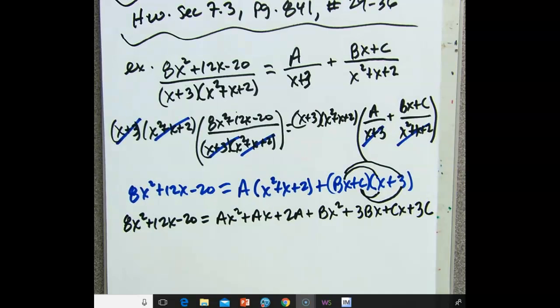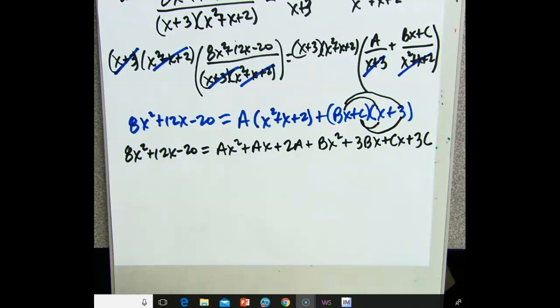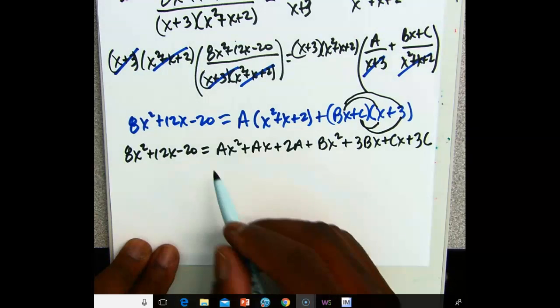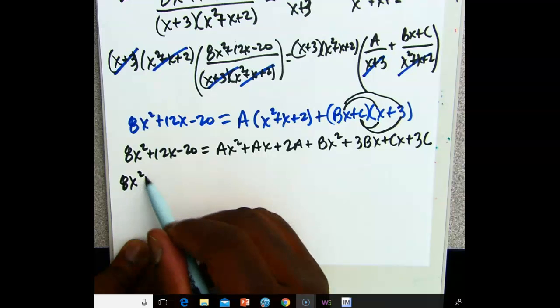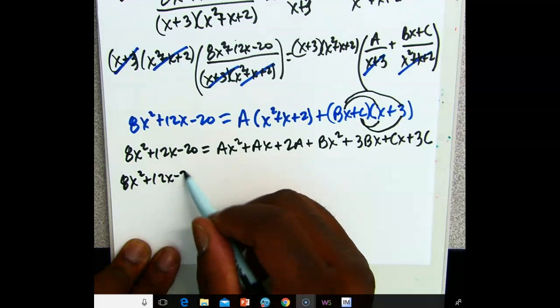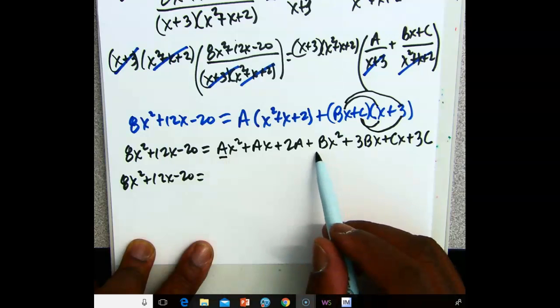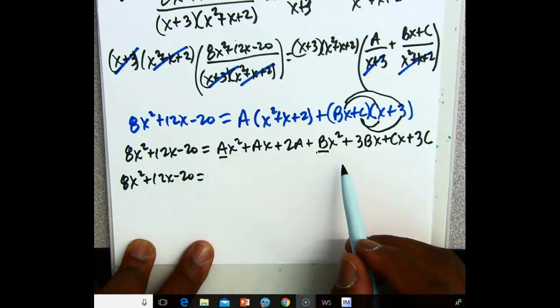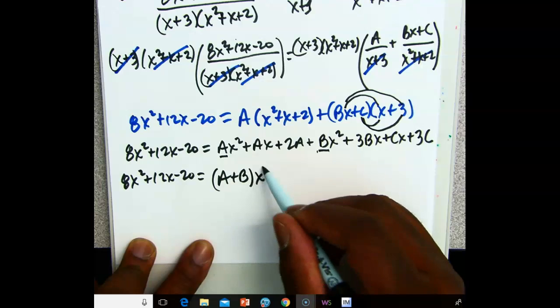Now everything else gets arranged and grouped like before. So for our x squareds, we have an A and a B. Is that the only one with the x squareds? So A plus B, x squared.